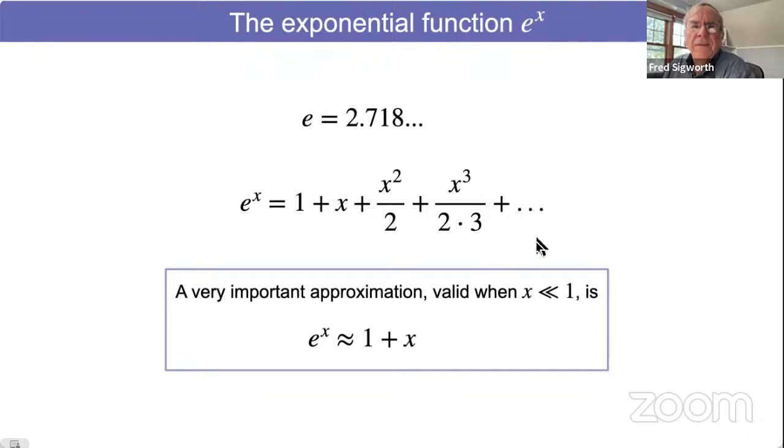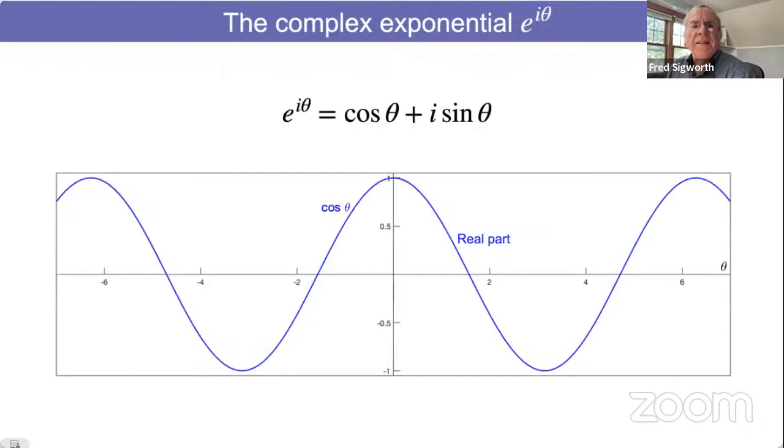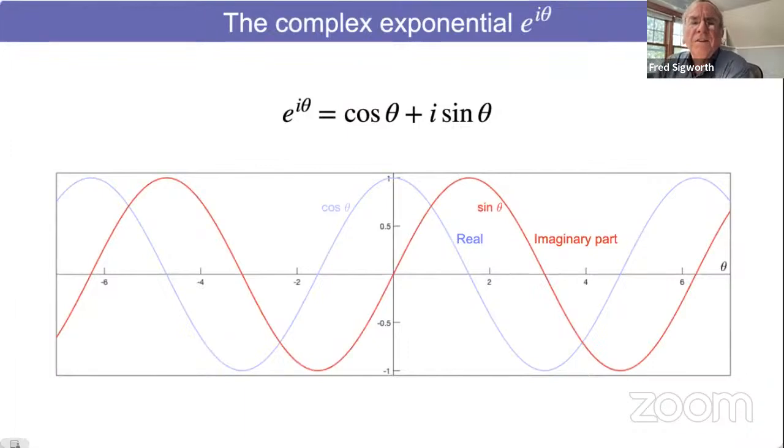The thing that I really want to emphasize, because we're going to use it a lot, is this thing called the complex exponential. So you remember what e to the x is. e is this transcendental number, and one way of representing e to the x is this Taylor series. A really useful approximation when x is really small is just to say e to the x is approximately equal to 1 plus x. And we're going to use this approximation a lot. Now, the complex exponential is defined as a cosine function, which is the real part, and a sine function, which is the imaginary part.